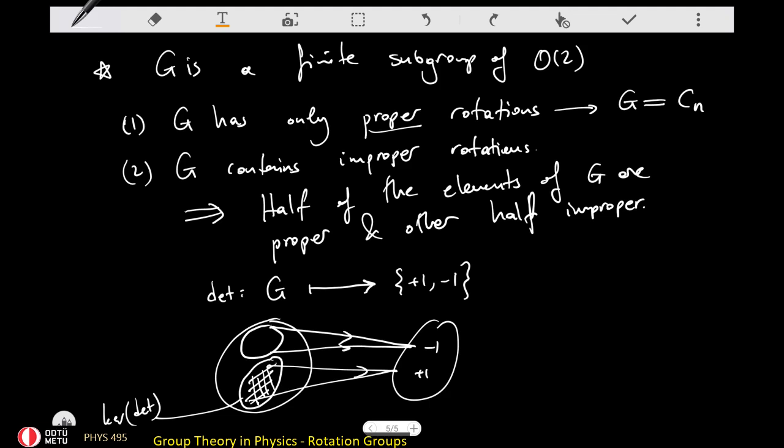Okay, so the next thing is this. Once we establish this, let's just remember that this kernel is formed from proper elements. So therefore, the kernel of this determinant should be isomorphic to Cn. I mean, because this is a subgroup of SO2, sorry about that. So that means, therefore, G should contain, first, rotations by some angle theta.